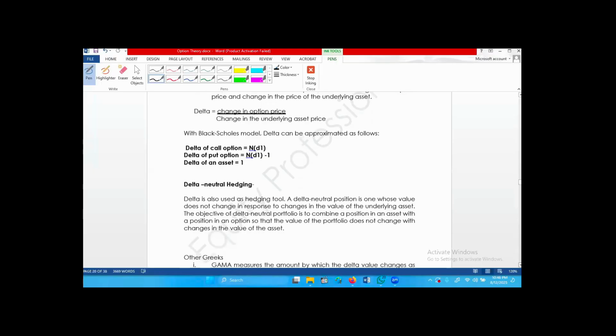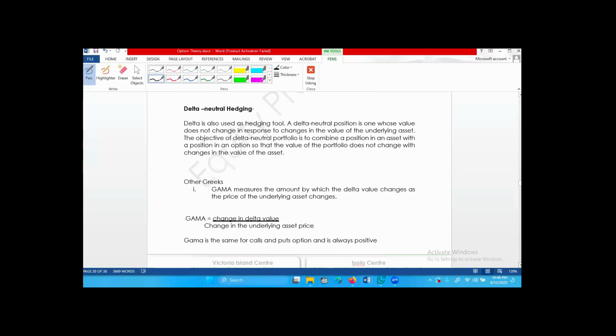Let's round up this. Other Greeks, we have gamma. Gamma measures the amount by which delta value changes as the price of the underlying asset changes.